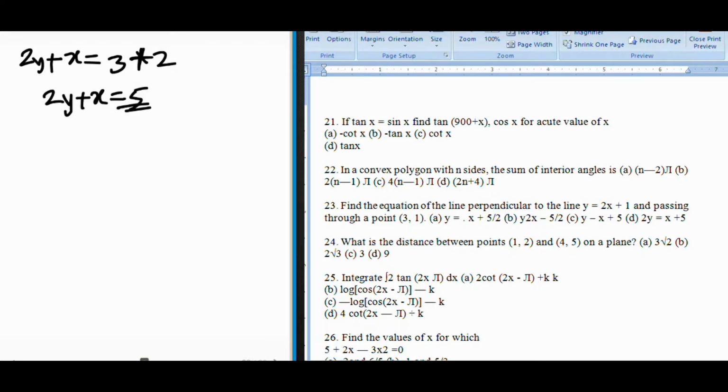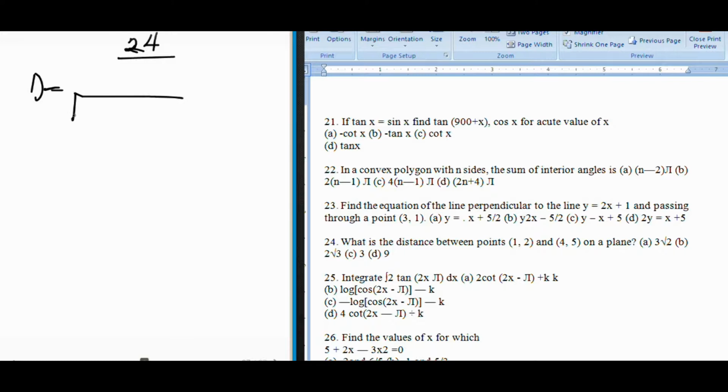Next question is, what is the distance between points (1, 2) and (4, 5)? Don't forget, the distance between any two points is given as d equal to root of (y2 minus y1) all squared plus (x2 minus x1) all squared.